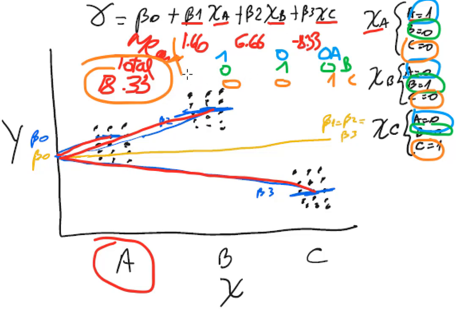In the case of group B, you are going to do 6.66, so that would be added to 18.33, but the other two cancel because they multiply by 0. And in group C, you're going to do 18.33 minus 8.33 because the other two cancel because they multiply by 0.